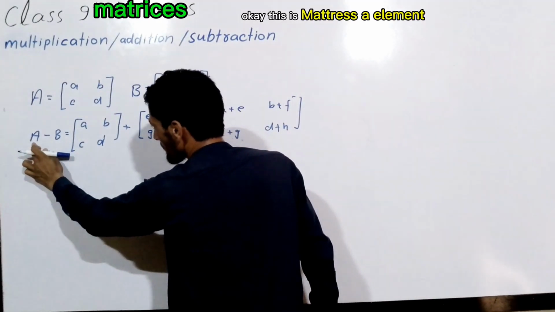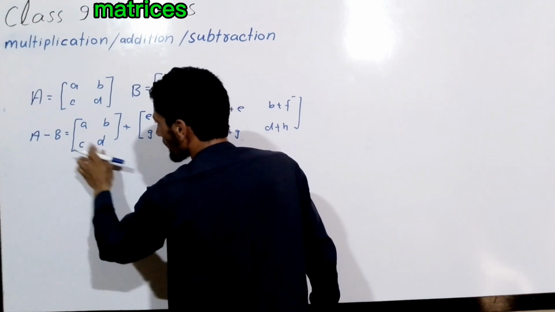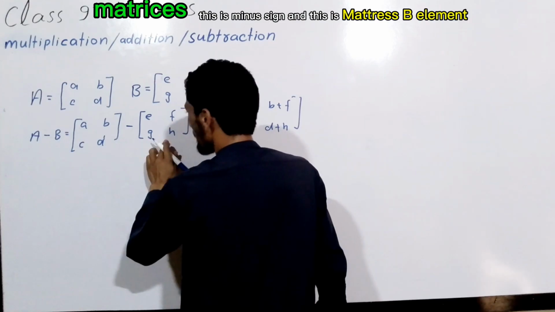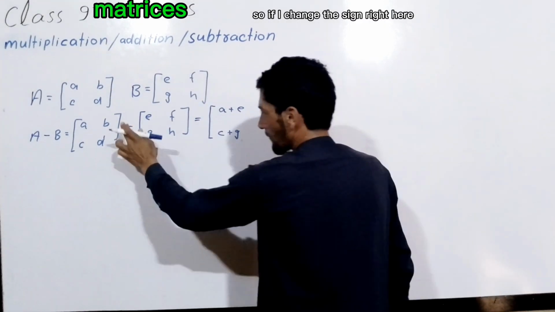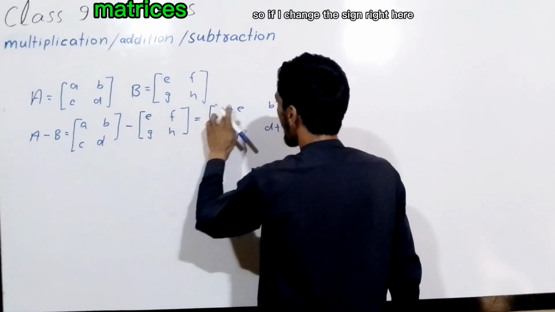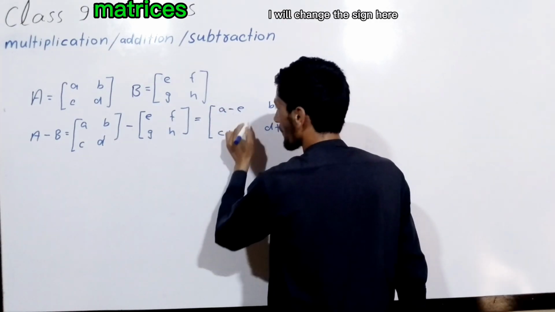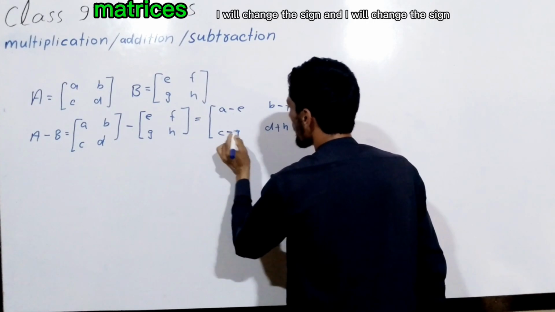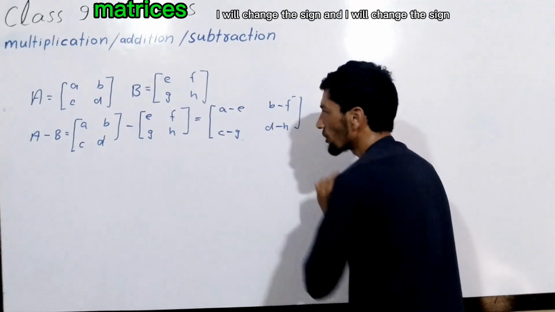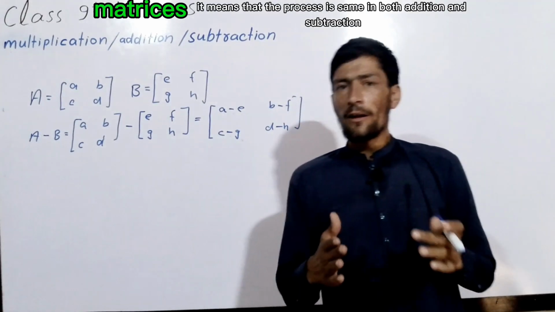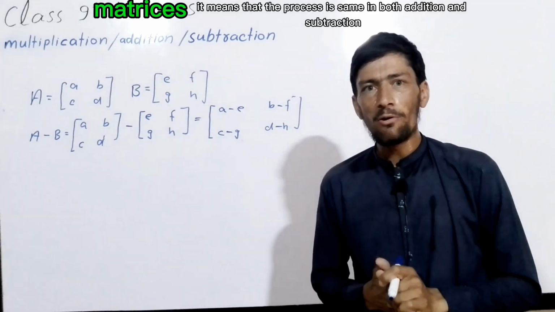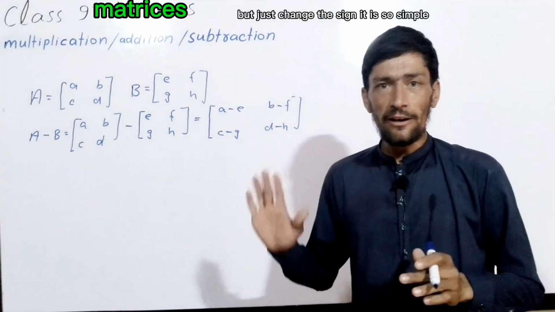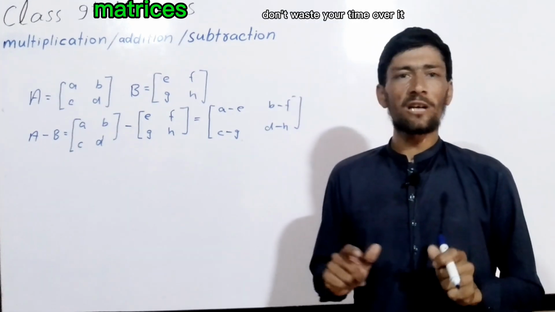This is the matrix A elements, this is the minus sign, and this is the matrix B elements. It means that the process is the same in both addition and subtraction, but just change the sign. It is so simple. Don't waste your time over it.